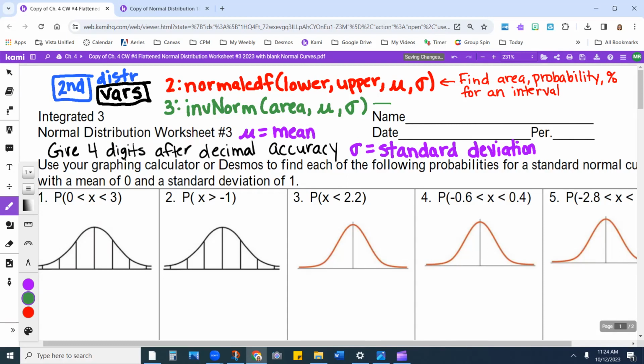The inverse norm we're going to use if we know the percent, the area, or the probability, and we want to find the value that gave us that.